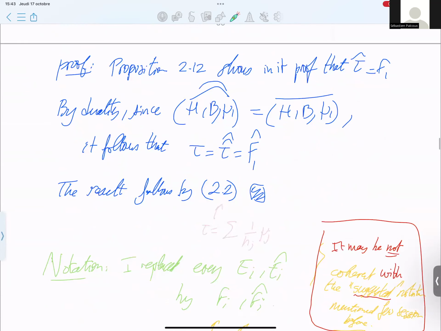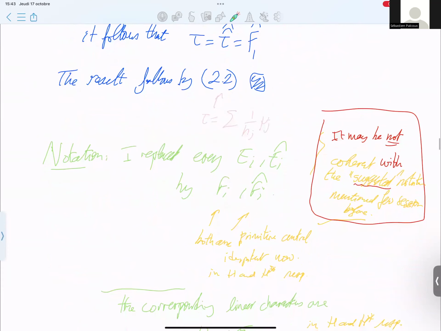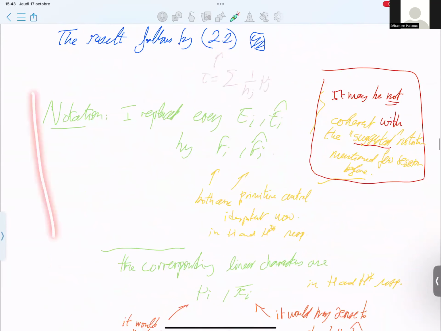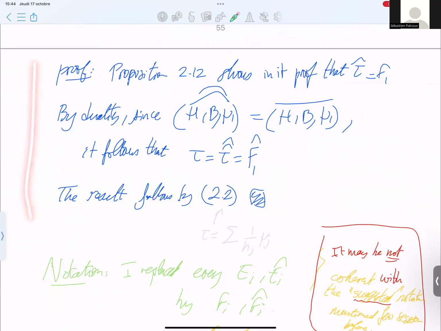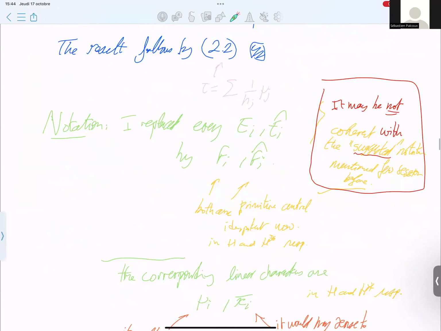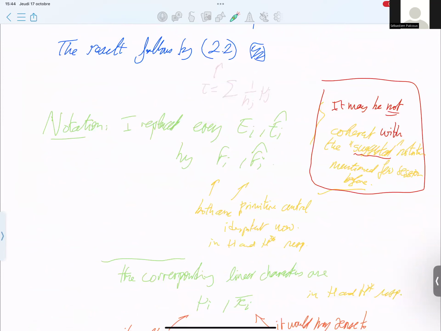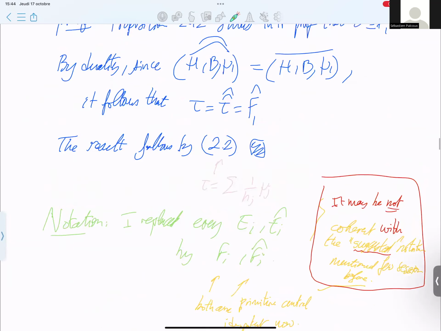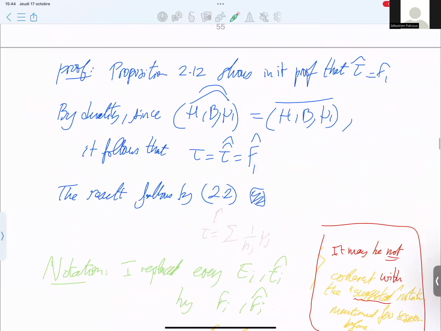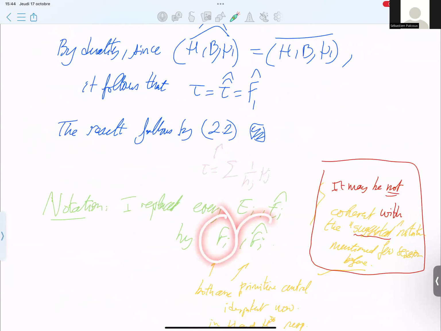And you have to be careful about the notation again. But this is similar to what we did before. Okay. So again, there is a warning about the notation. So maybe before I used these two notations, but now I use these two notations for the primitive central idempotent in the hypergroup or in the dual.